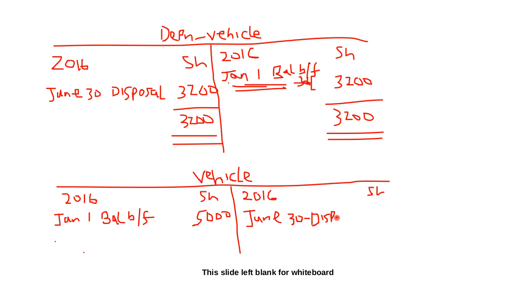So now we credit the vehicle account, disposal, and the amount is 5,000. So that is how we can prepare the vehicle account.